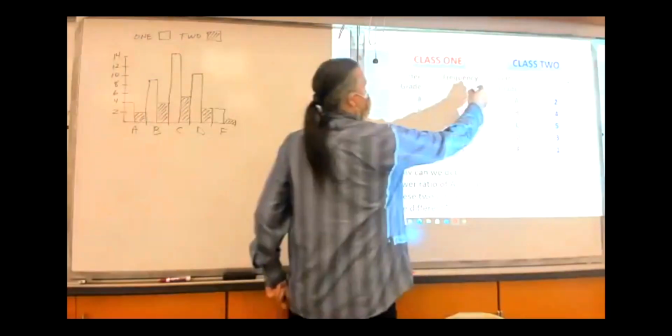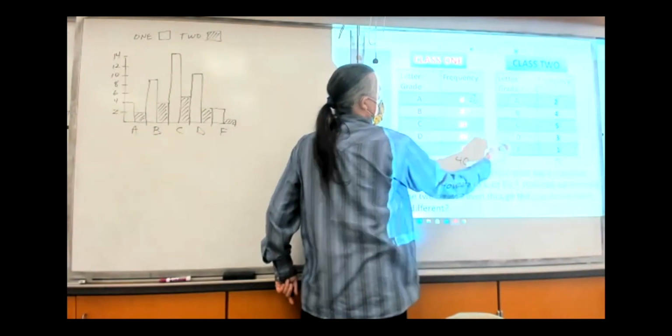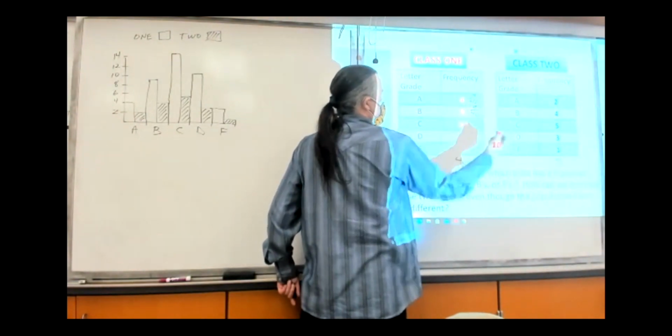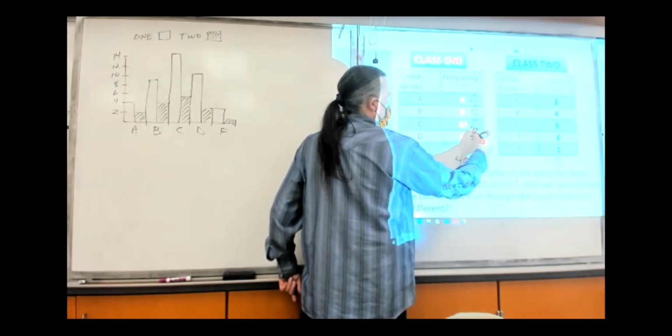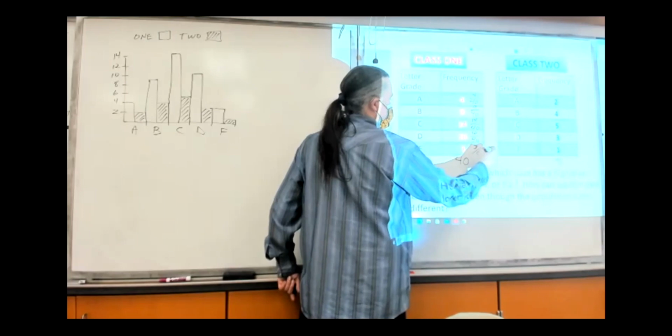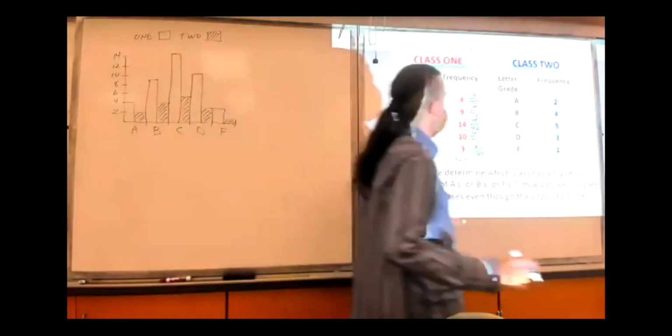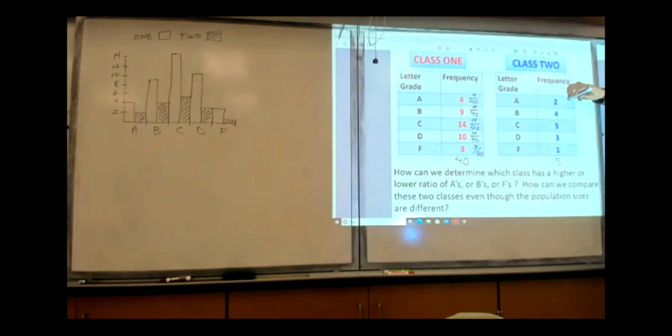All right, so 4 out of 40, 9 out of 40, 14 out of 40, 10 out of 40, and 3 out of 40. This would be 2 out of 15, 4 out of 15, 5 out of 15, 3 out of 15, and 1 out of 15. Okay, so the shortcut we can do is divide.